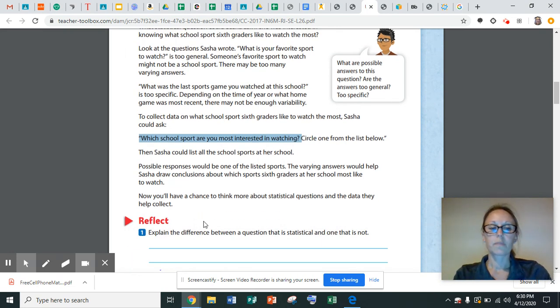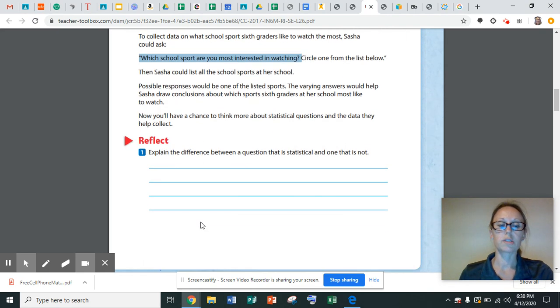Now it says you'll have a chance to think more about statistical questions and the data they help collect. Our reflection question says, explain the difference between a question that is statistical and one that is not. Through that whole lesson, what we know is that statistical questions have variability.